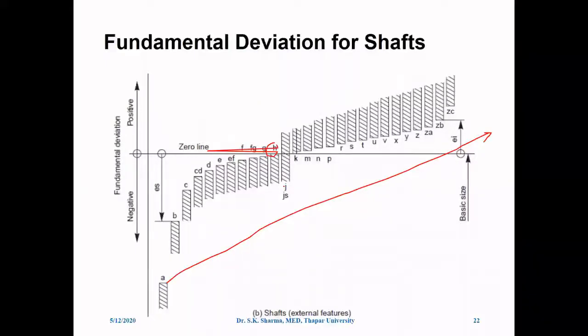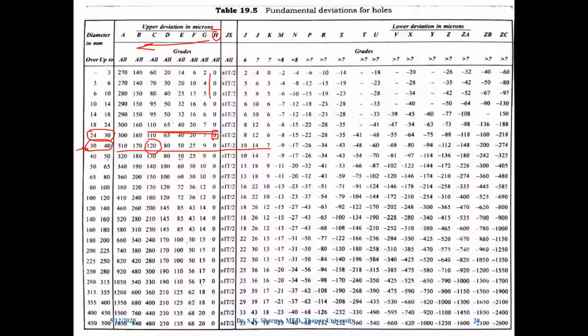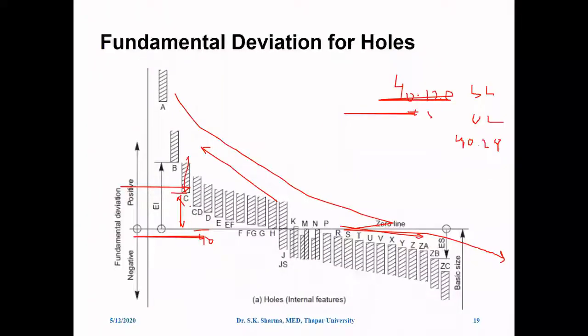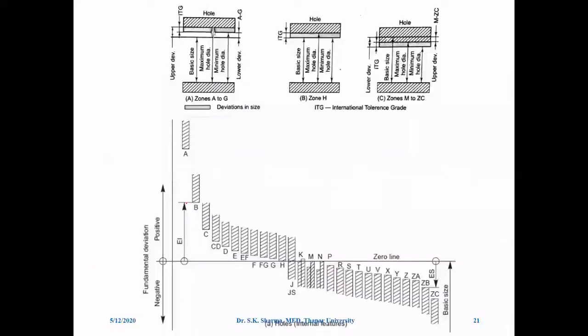Now if I have a combination of hole and shaft, and the fundamental deviation on both hole as well as shaft is, let us say, C. Let us say the basic size is 40, and the fundamental deviation on the hole is capital C, that is this one. So it means your hole will be bigger than 40, because fundamental deviation C in this case is positive, right? Now I come to the shaft.